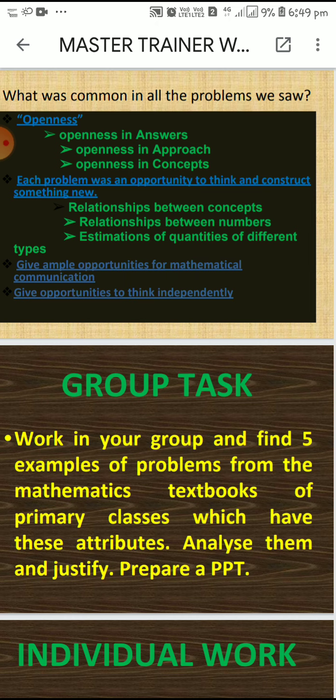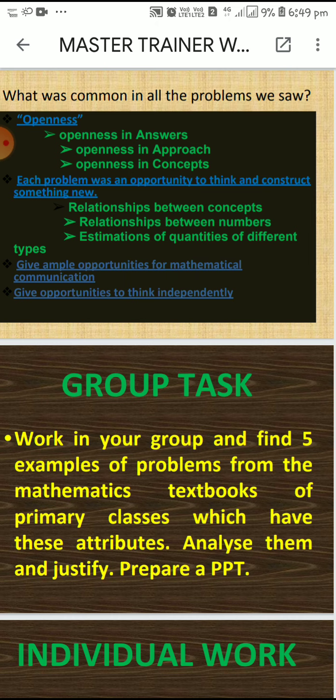Estimation of quantities of different types. Estimation means the student should be able to estimate the area, rupees, paisa, perimeter, whatever estimation you know very well. So all these things are called attributes. If someone asks what attributes are, we can discuss all these things.